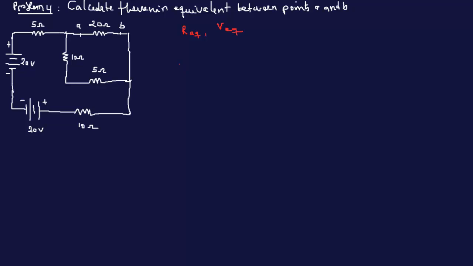This is what the circuit looks like when we short circuit the voltage sources. So there's nothing here, we have point A, and then we have point B here.